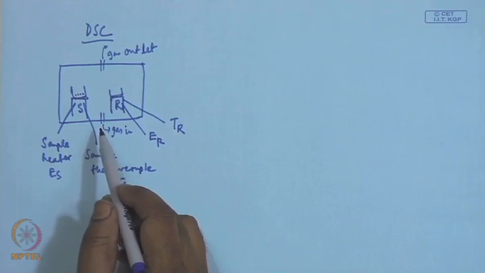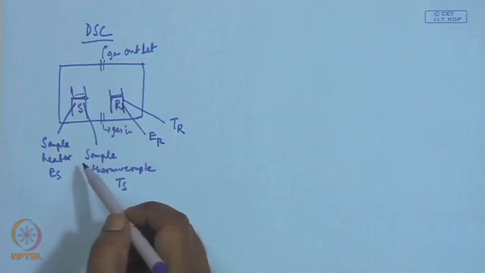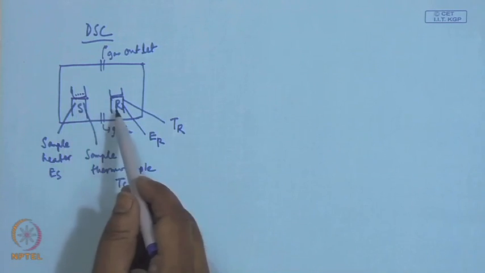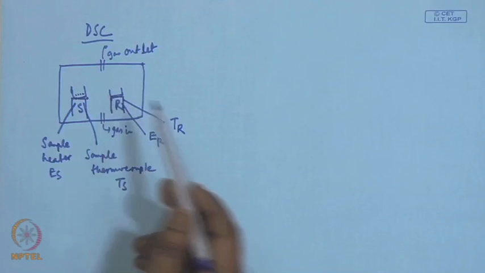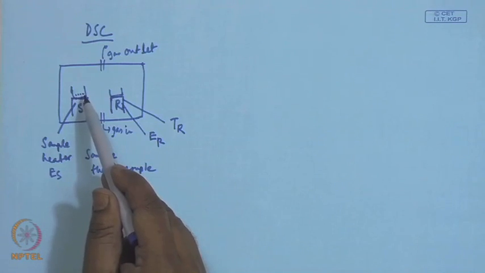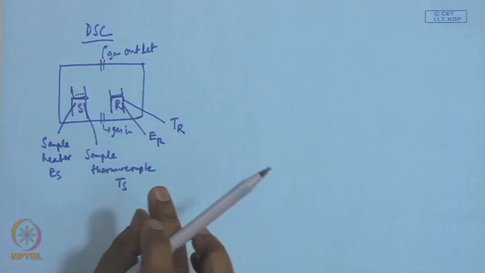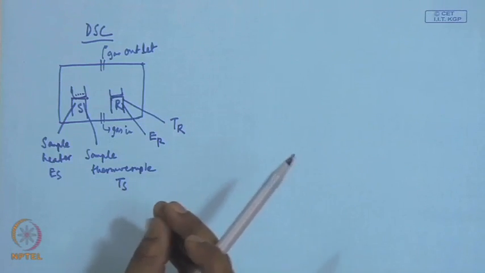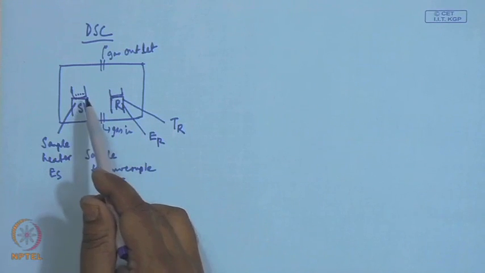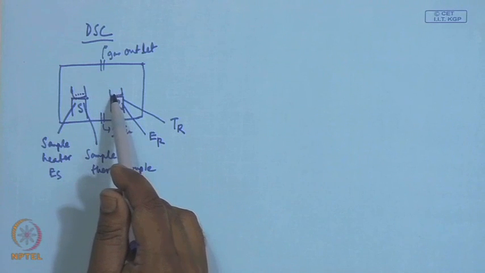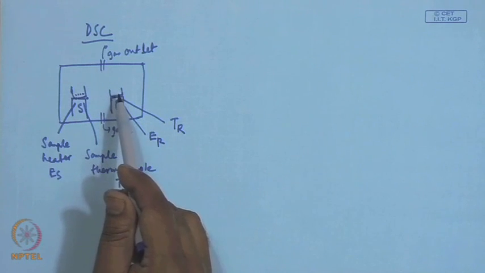So, what is done in this experiment? The sample and the reference, which is just a blank, are typically taken in aluminum containers, and the aluminum container can be covered and crimped so that nothing goes out of the container, and parallelly a blank container without sample is kept.